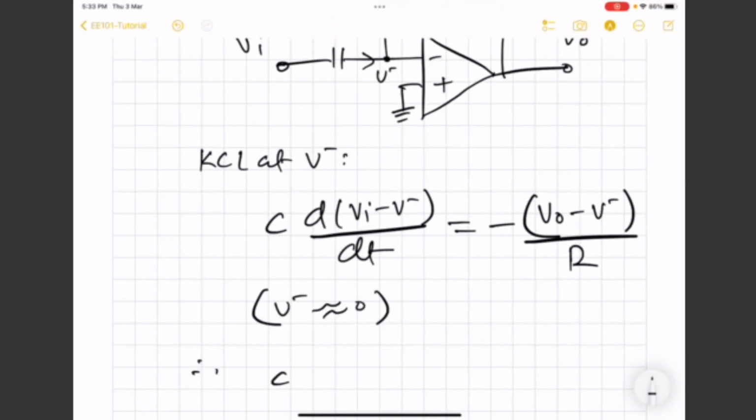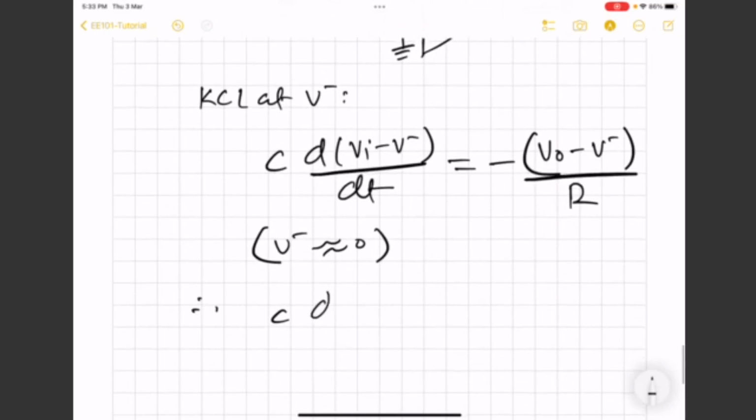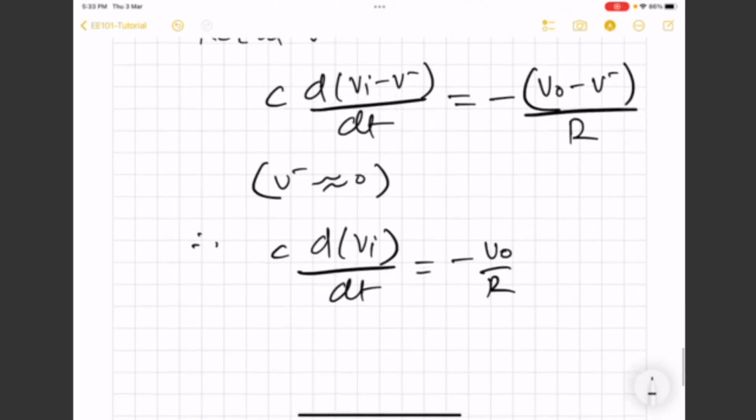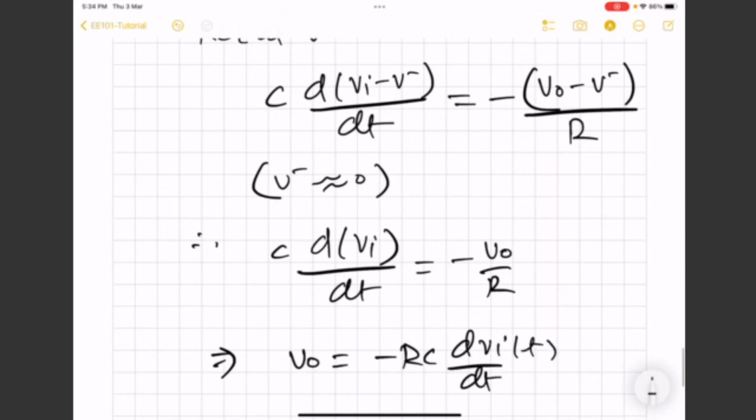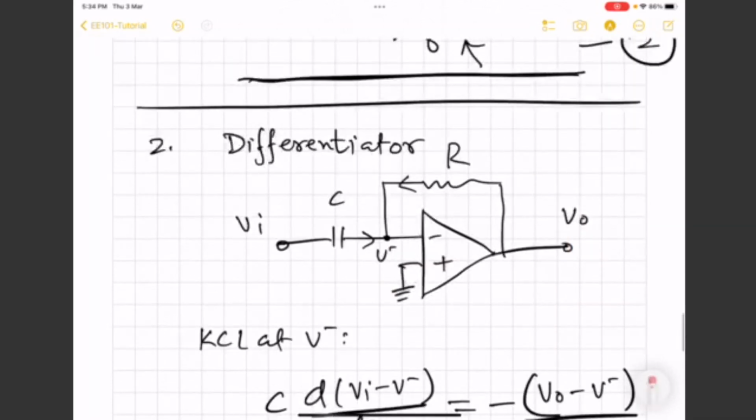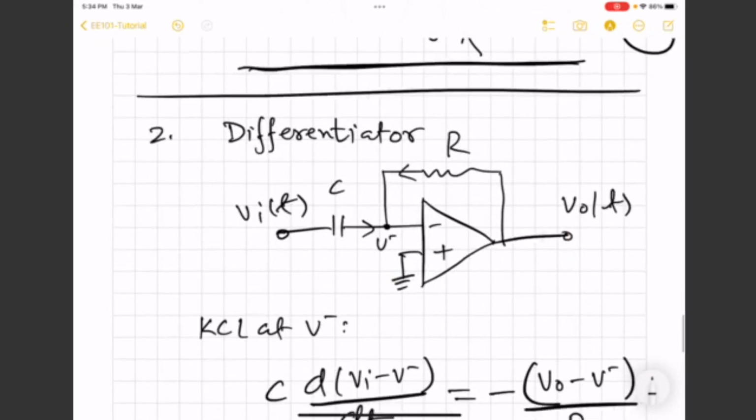So therefore C dVi by dt is equal to minus Vo by R. So this says that the output is minus RC dVi by dt. Of course, since the input is time varying, the output is also going to be time varying.